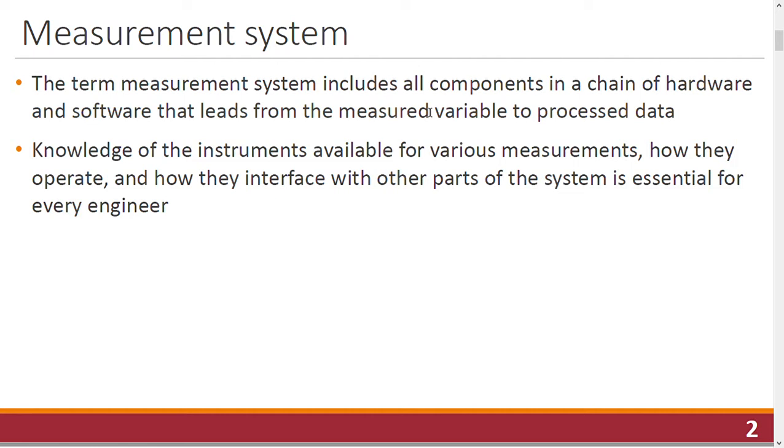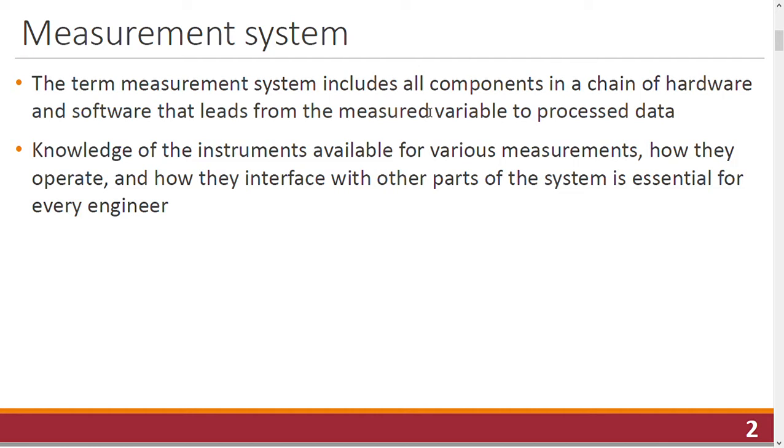Now, in instrumentation, instruments are used to measure some parameter, say speed, pressure, temperature, etc. This parameter will be measured, it will be processed, and it will be displayed to the observer.